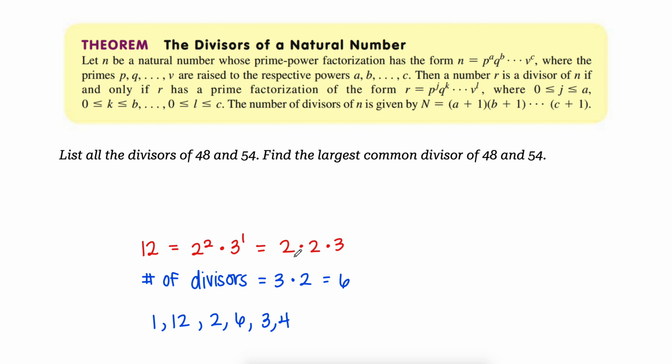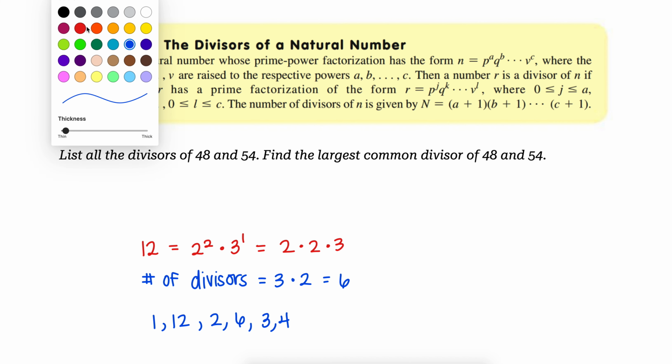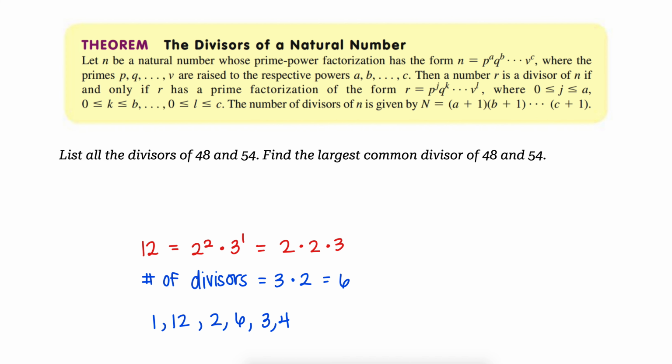Now, when we're dealing with relatively small numbers, we can approach this in a bit more straightforward manner. So if I'm looking at a number like 48, and I want to list the divisors, probably the easiest way is to do it like this. 48 is 1 and 48.